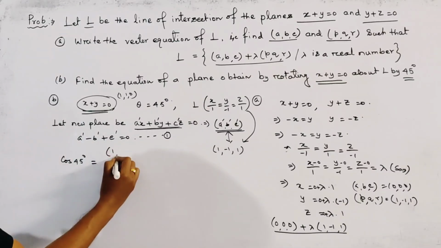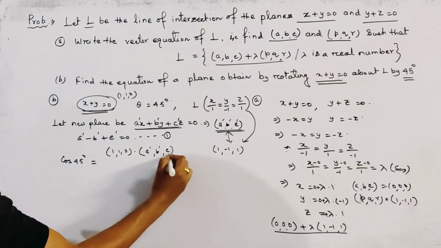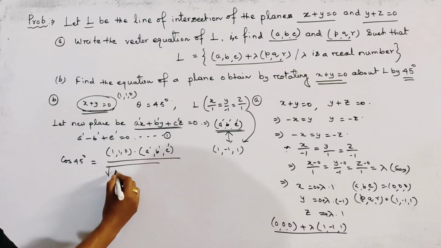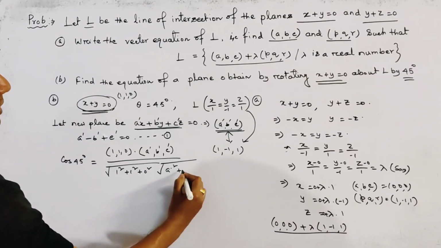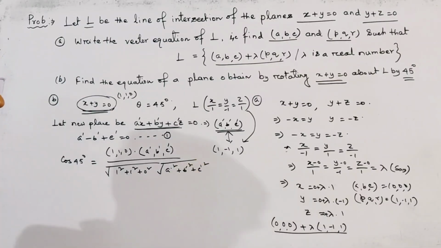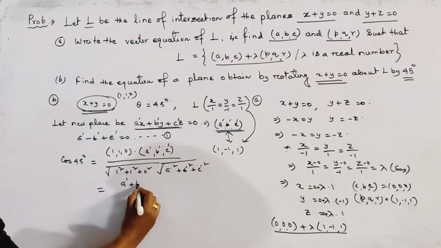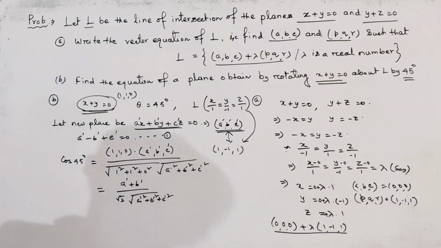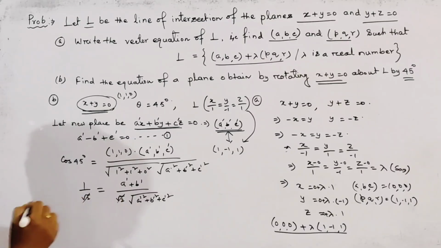This is given by the dot product of (1, 1, 0) and (a', b', c') divided by root of 1 square plus 1 square plus 0 square, into root of a' square plus b' square plus c' square. Getting the result: a' plus b' by root 2 into root a' square plus b' square plus c' square, and from the left side we get 1 by root 2, and root 2 cancels out.